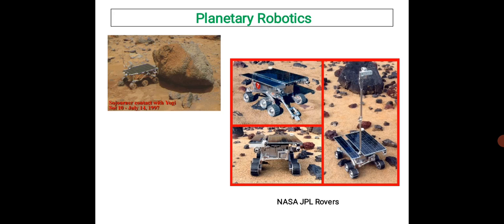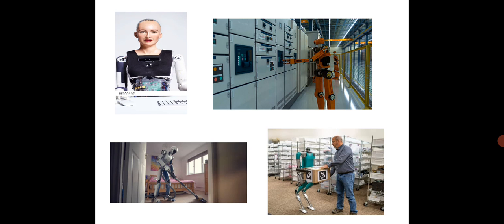And some of the pictures I have shown you here, this is used on the planets and even in space. You call this planetary robotics. And here you could see a type of humanoids, where it will resemble the human being, and it is entirely autonomous, where it can do its own function.